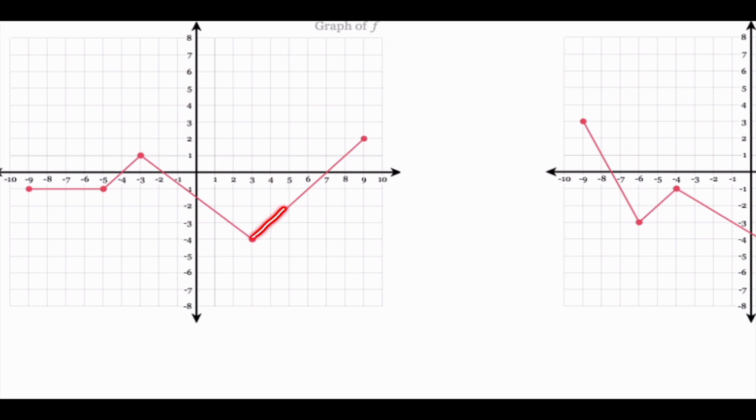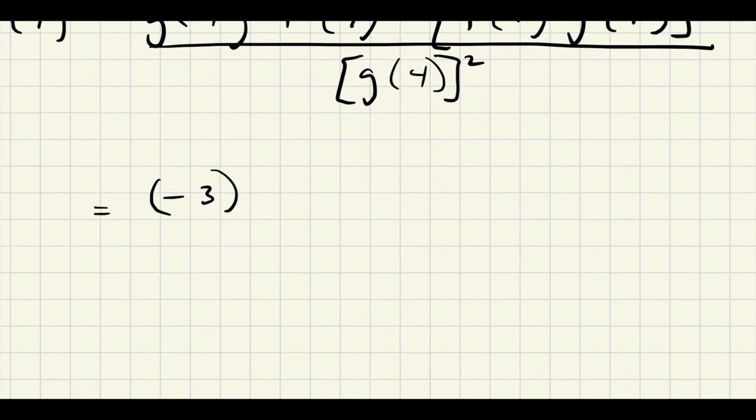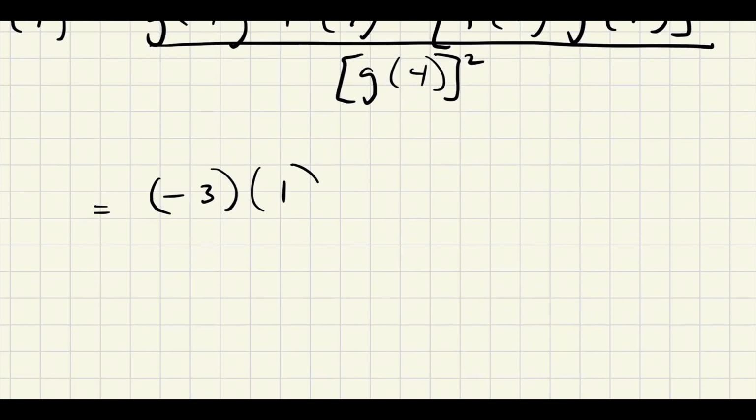I'm going to find the slope of that segment. Here's a dot, here's another dot. So I go up 1, 2, 3, 4, 5, 6 over 1, 2, 3, 4, 5, 6. So it's up 6 over 6, so the slope at 4 is 1. So f prime of 4 is +1.